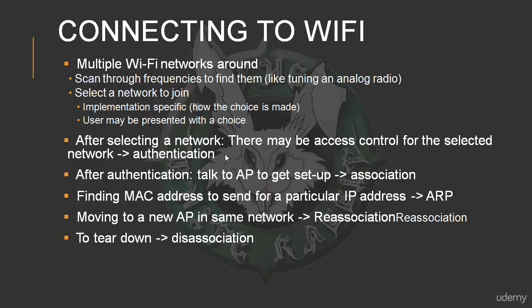Now, typically, because we're talking about connecting to the internet, then there's another step that needs to happen after that, because in the process of authentication association, this is beneath the IP layer. So these things are happening without reference to a specific IP address. So it's just about at the layer 2 getting things set up.